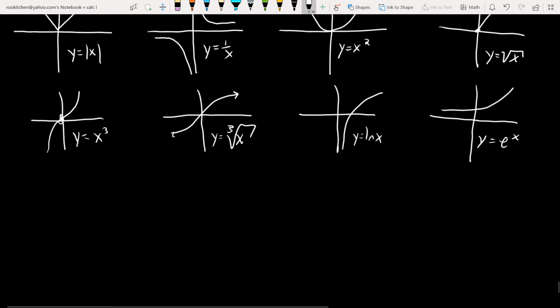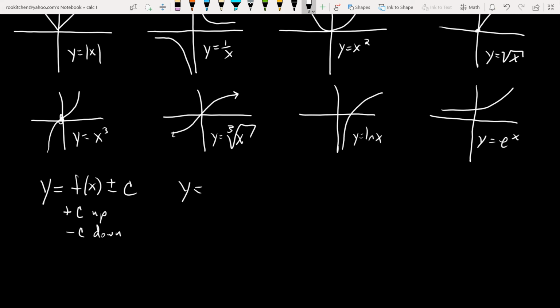And then to move them around in the plane, the transformations, how did those work? So you could add something to the outside, and that'll move it up or down. So if you assume c is positive, then plus c will move it up, minus c will move it down.